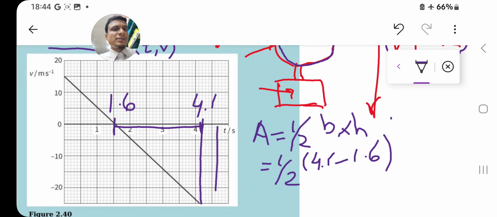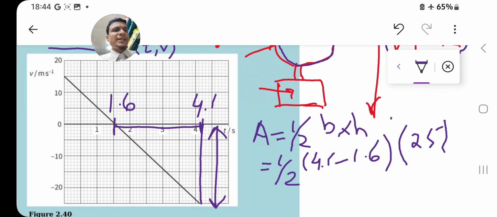The height is minus 25, since the displacement is minus 25, but we just need to find the distance. Distance is a scalar quantity, so we will take only 25.